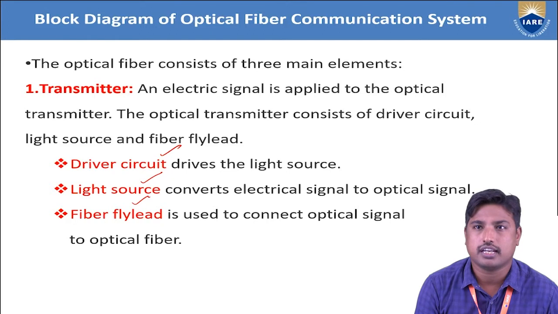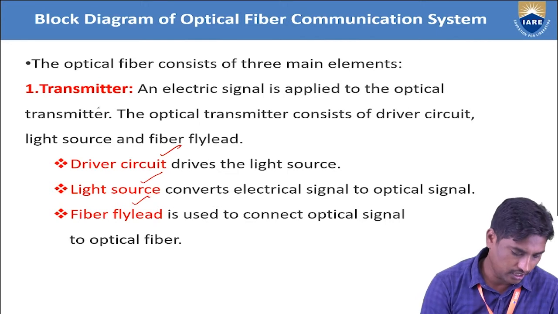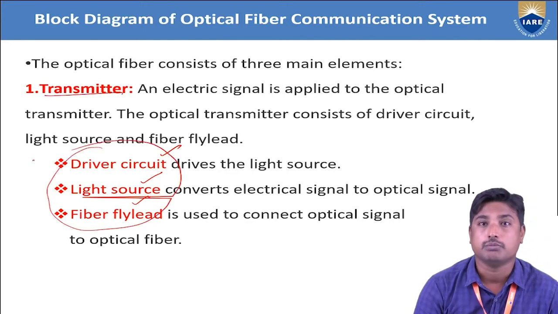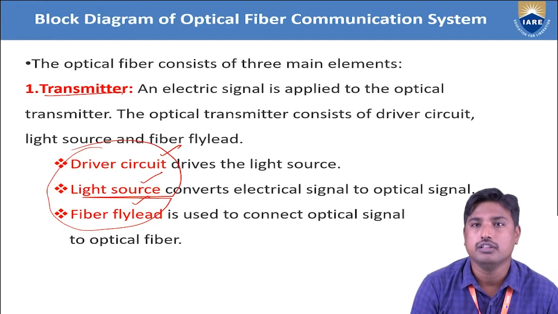It converts the electrical signals received from the drive circuit into optical signals. The fiber flylet is used to connect the optical signals to the optical fiber. These are the three main parts in the transmitter: drive circuit, light source, and fiber flylet.